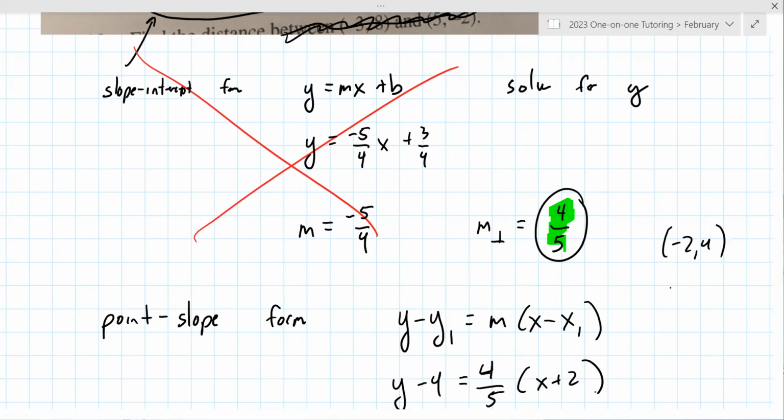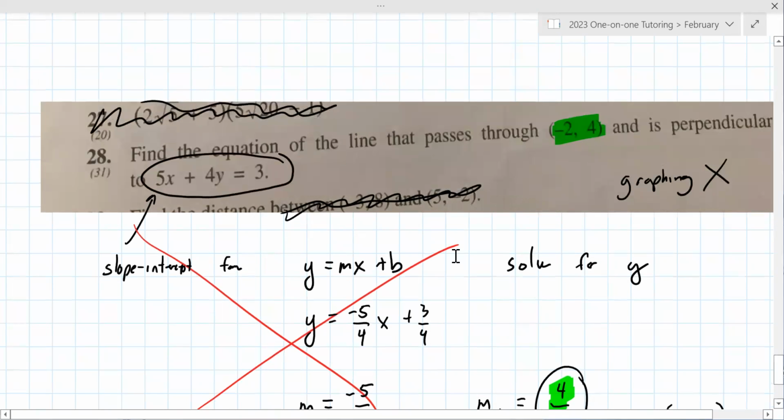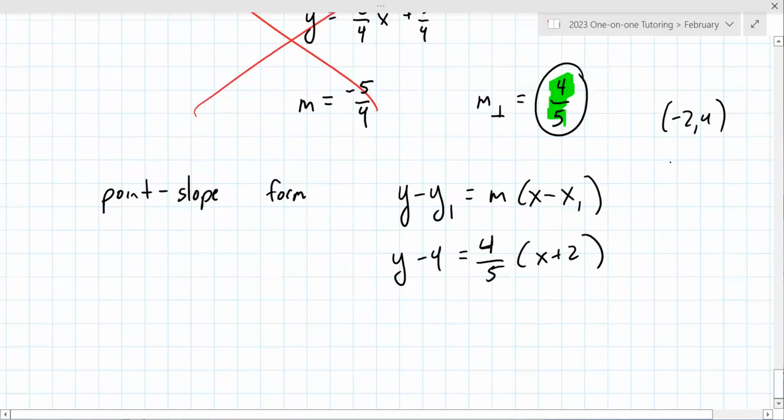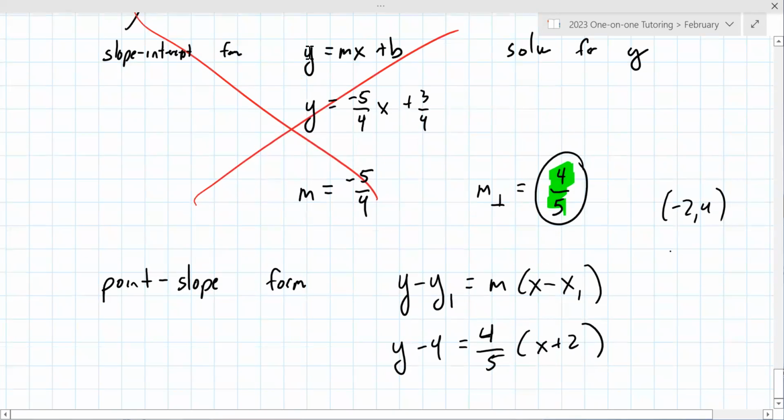Okay. Usually she has us put it in a different form, like in a y equals mx plus b format. So remember, it doesn't tell you that it has to be in that format. Now, if you want it in that format, you have to solve for y, or you have to go back and use the y equals mx plus b.